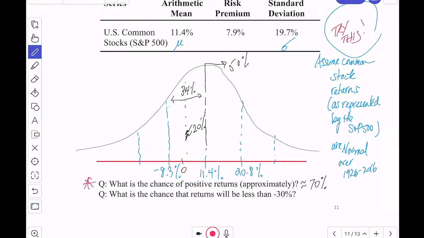Okay, so what about the other one? What is the chance that returns will be less than negative 30?